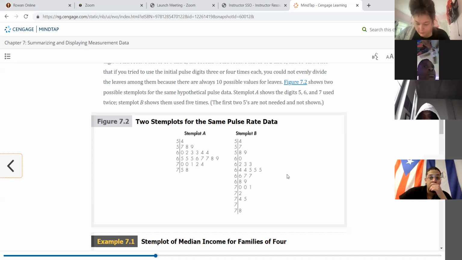So for example, if you look at stem plot A, and let's say you added another number to the data set, maybe 1,000 or some really large number, then the only difference between the way it looks now and the way it would look is that there would be a really long vertical line, and then eventually you would see 1,000.